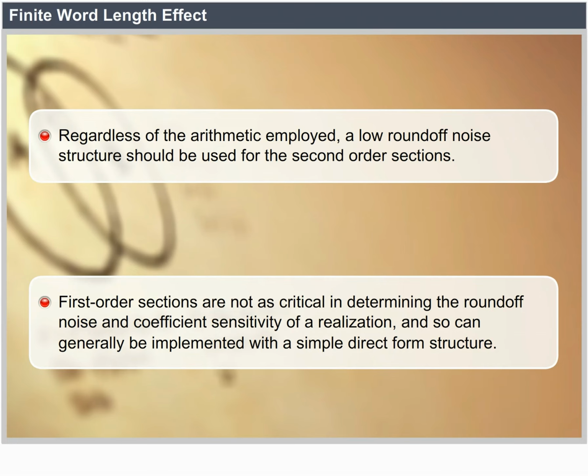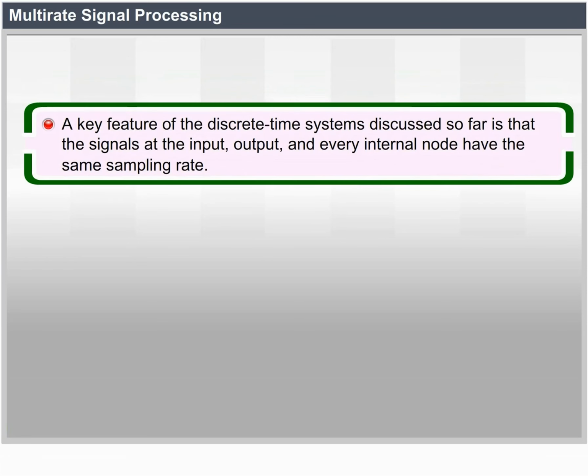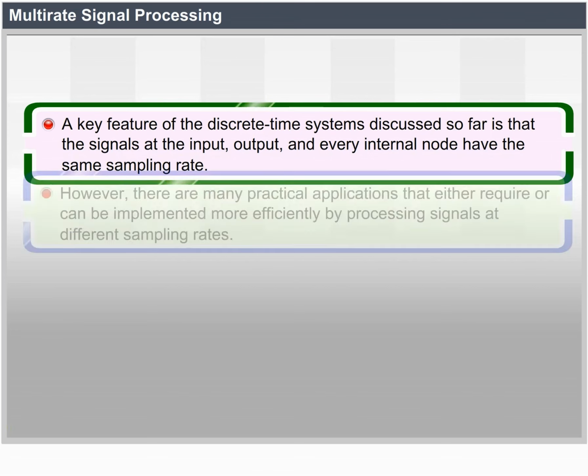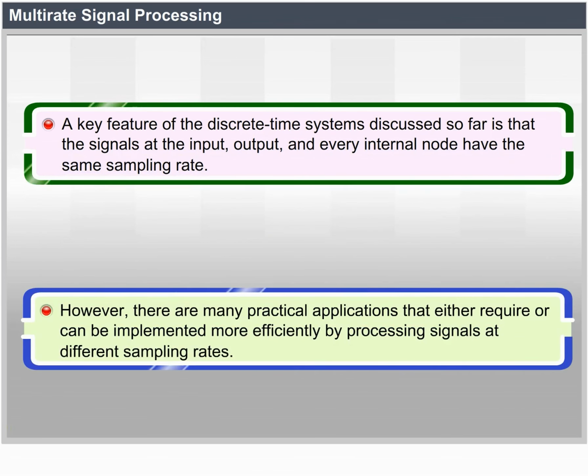Multi-rate signal processing. A key feature of the discrete time systems discussed so far is that the signals at the input, output, and every internal node have the same sampling rate. However, there are many practical applications that either require or can be implemented more efficiently by processing signals at different sampling rates.